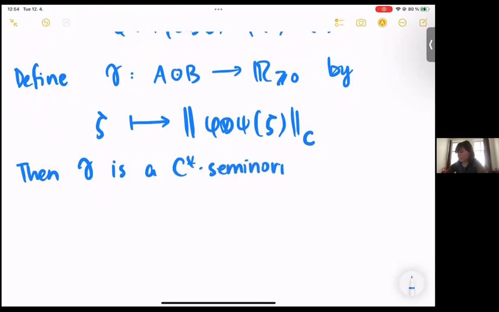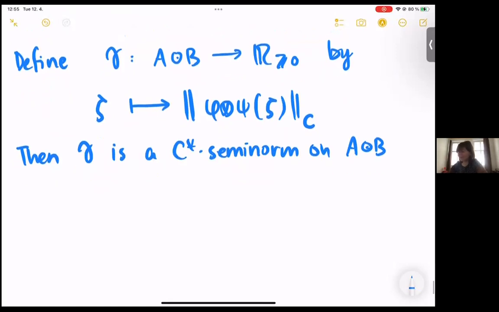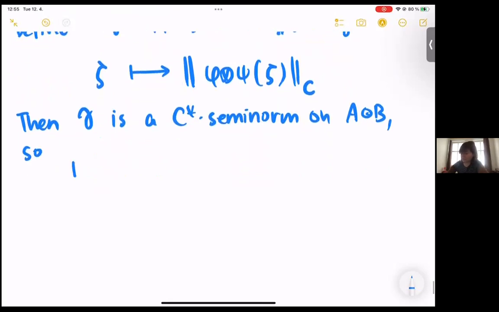So it's again almost a C star norm, except it doesn't necessarily have positive definiteness, but we can fix that by taking the max of gamma and the minimal norm.